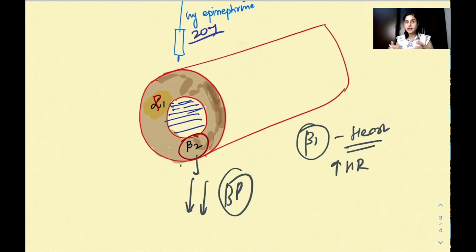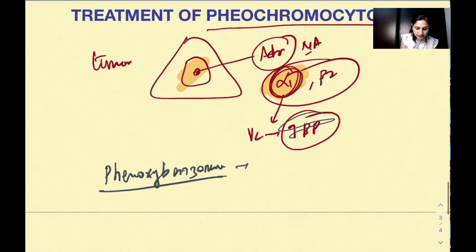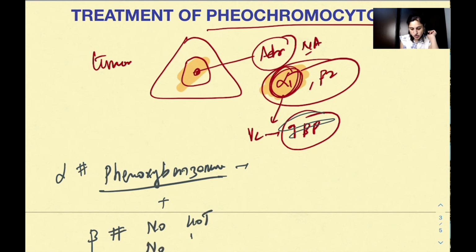Tachycardia, arrhythmias can occur in these patients. So in pheochromocytoma, not only do we give an alpha 1 blocker or alpha blocker because they are non-selective, we give an alpha blocker, but we also give a beta blocker so that there is no hypotension and there are no tachyarrhythmias.